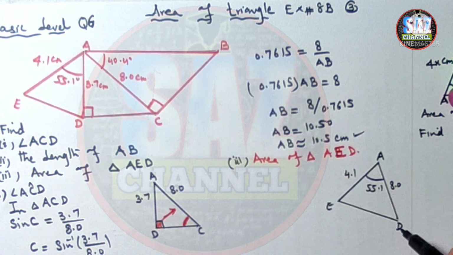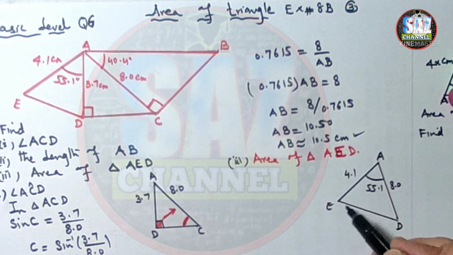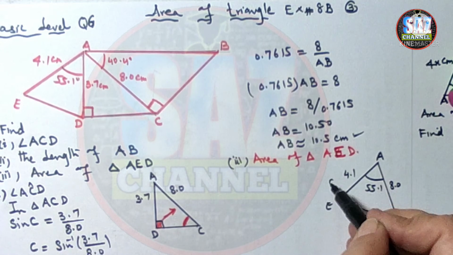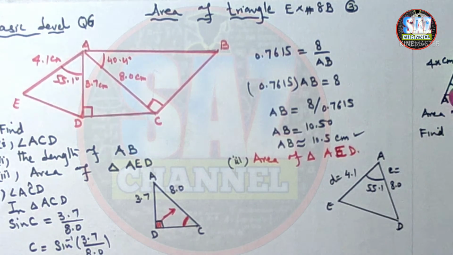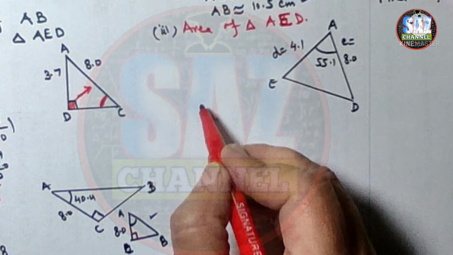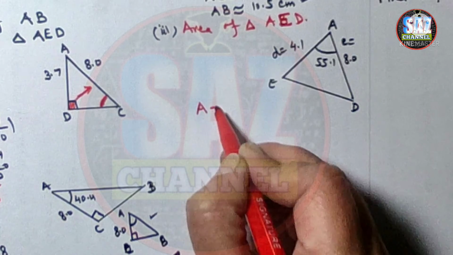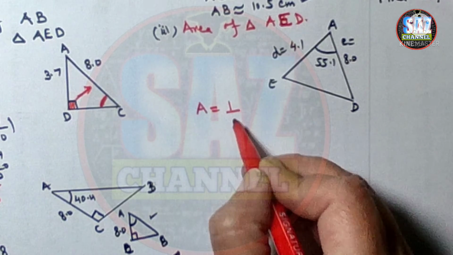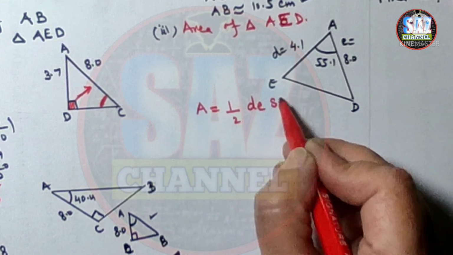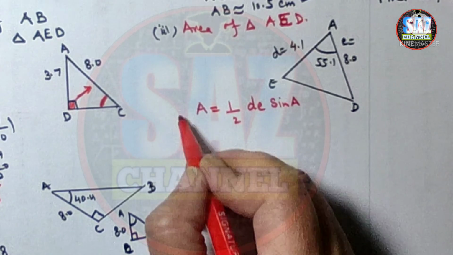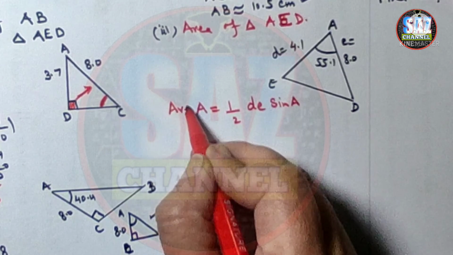Now look, this is the side EA, opposite to vertex D, so I'll mark D here, and E. As this is an oblique triangle, recall the formula for the area of an oblique triangle: area equals half into DE and sine of the included angle.